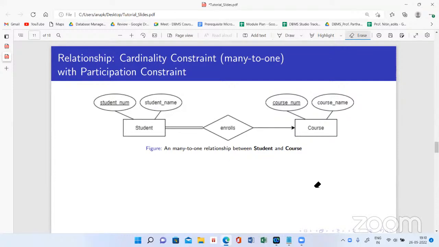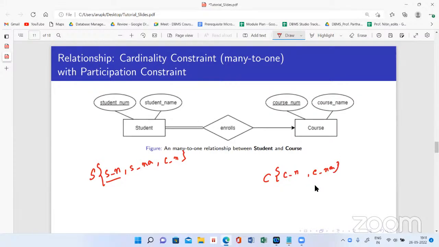Will it change the table structure? The student table will have the primary key of the one side going into the many side as an attribute: student number, student name, and the course number the student is enrolling for. The course table has course number and course name.